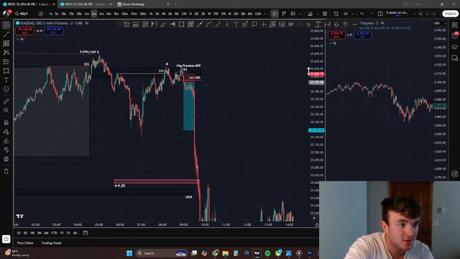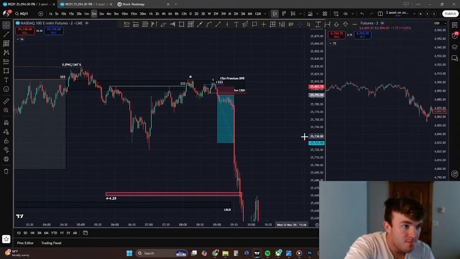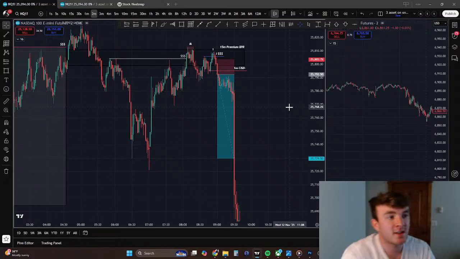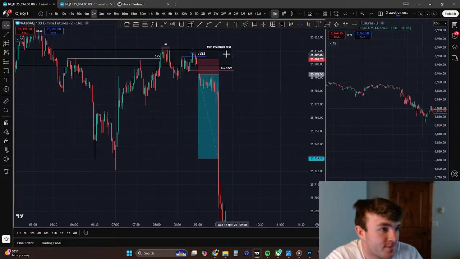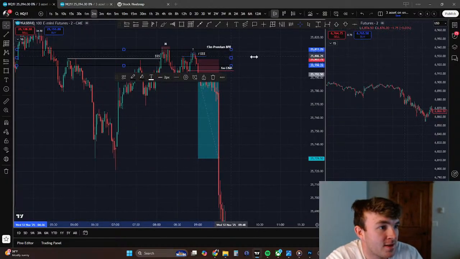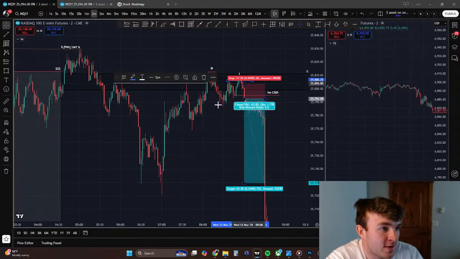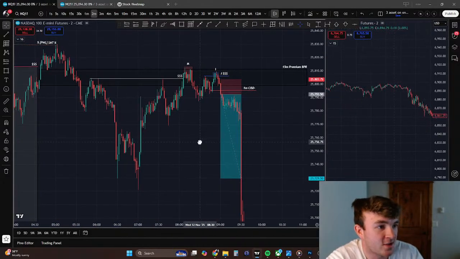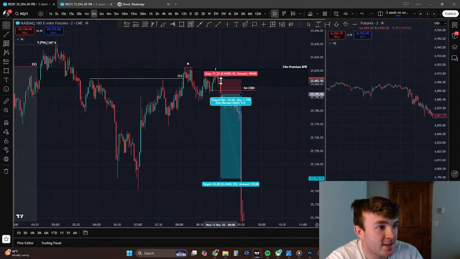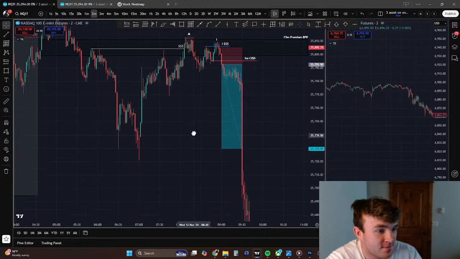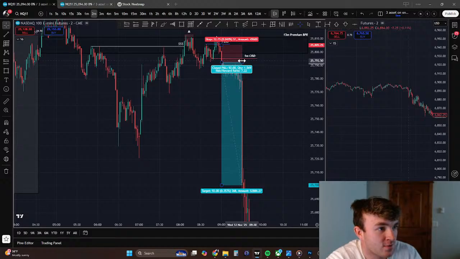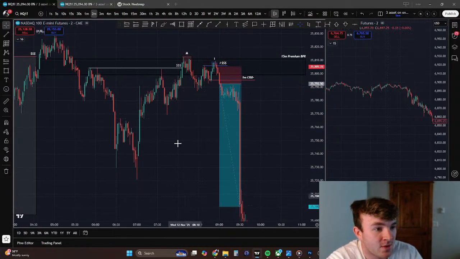Yeah, I'd probably just do the close. Oh yeah, the 2 minute closure is super clean. So maybe just take this as a 2 minute. I like this as just a 2 minute closure. If you take this as a 2 minute closure like this, it's hard to go too wrong. So I would go 2 minute CISD, and then I would go 4 projections of this order block.